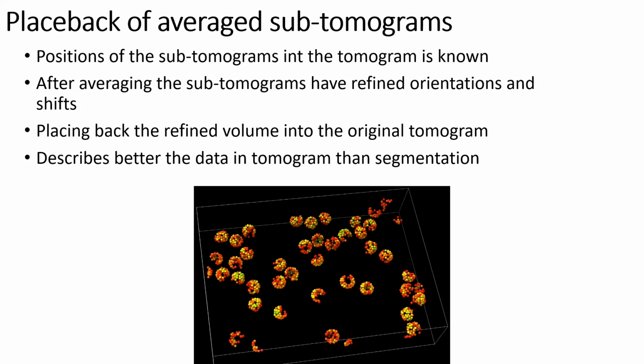This is, for example, how I told you that you can template match in your cells, for example, the ribosomes, and instead of segmenting the ribosomes, you are placing back the sub-tomograms of the ribosomes into the tomogram so that you don't need to segment your cells by all the details.